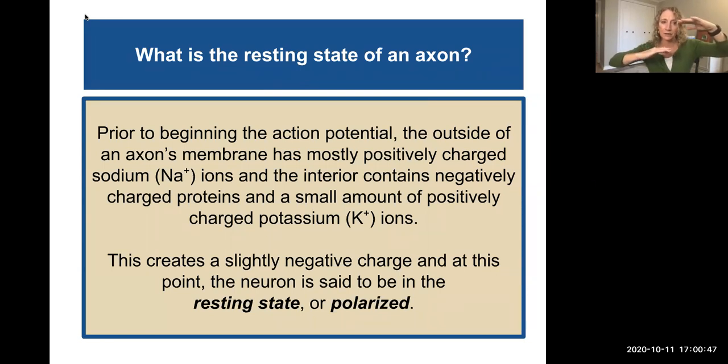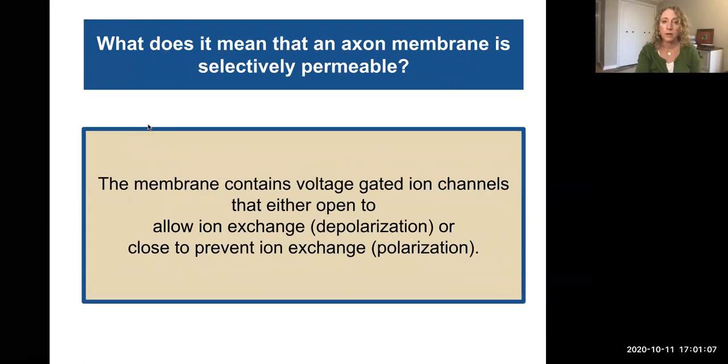Now this is the axon we're talking about. And when they're resting, and we call it polarized because they're at opposite poles, opposite ends, they're just waiting, I guess, for an action potential to take place, for that minimum threshold. And just remember, we call that being polarized.